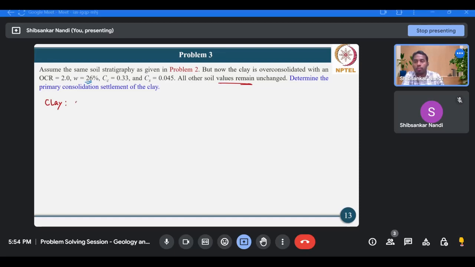So for clay, your gamma prime would be (Gs minus 1) divided by (1 plus e), and what would be the value of e? e would be w Gs. w value is given as 0.26. Gs you can take as 2.67. So 0.6942. Okay, so this is the e, or initial void ratio you can say, multiplied by gamma w.